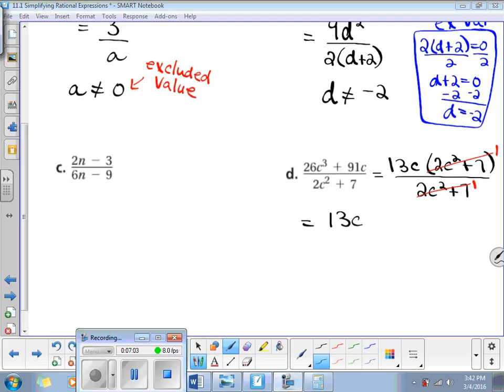Is there any value that C cannot be? Because this is not a fraction, we don't have that divide by 0 error. So there are no excluded values.